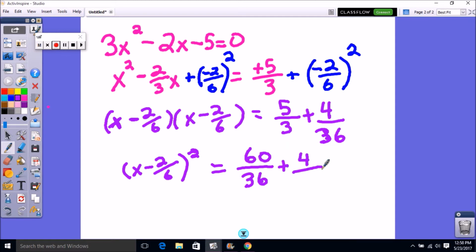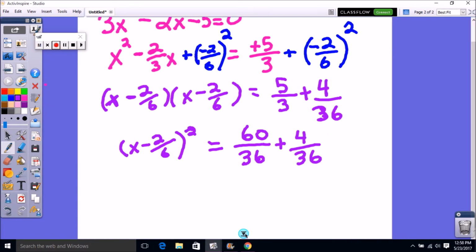Now, I'm going to combine a few steps here. I'm going to take the square root because I can quickly see that this is 64/36. And when I take the square root, I'm going to do x minus 2/6 equals positive or negative. 60 plus 4 is 64.